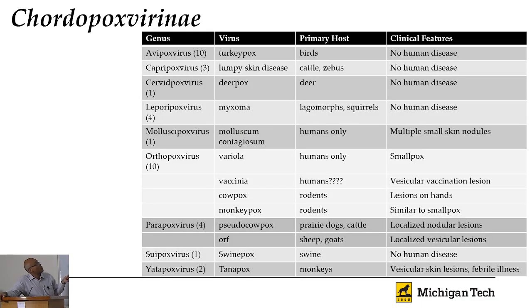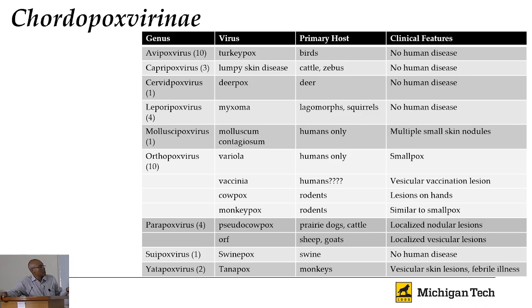So there are a lot of viruses. The more important one here is the orthopox virus, which is variola, which is smallpox. And we'll also be focusing on monkeypox. It has similar symptoms to smallpox, they say.